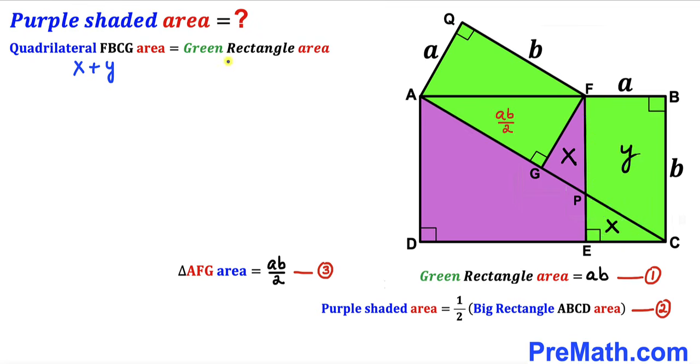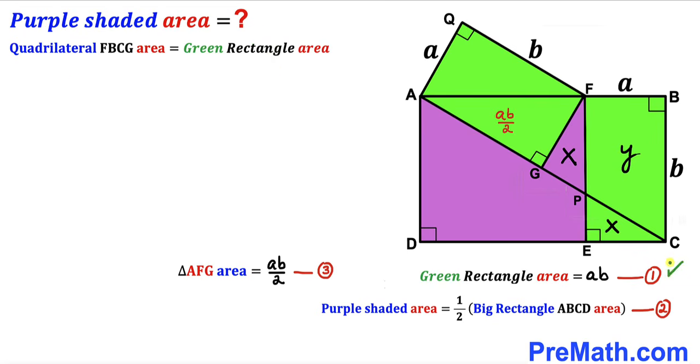And here we put down this green shaded rectangle area as X plus Y on the right hand side as well. And since we got X plus Y on this side and X plus Y on this side as well, no wonder the area of this quadrilateral FBCG is going to be equal to the area of this green rectangle.